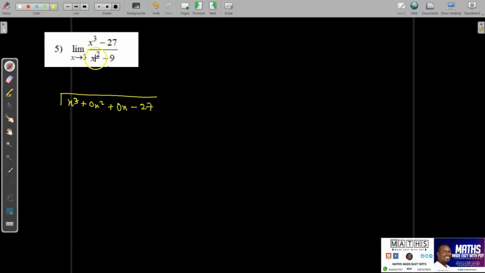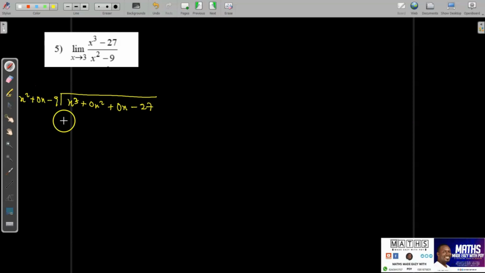Now, can you help me with the missing addend for s squared minus 9? It will be s squared, then what? We want to write it in the standard form, so all the missing addends should be there. The x term is not there, so plus 0x then minus 9.